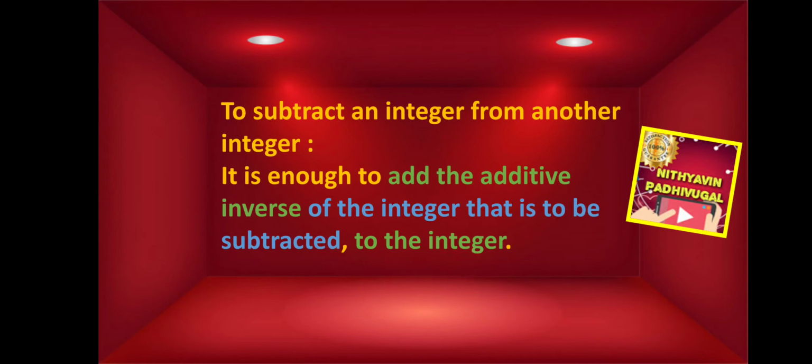Okay, you can understand this very well with an example. Before that, let us recall again. To subtract an integer from another integer, it is enough to add the additive inverse of the integer that is to be subtracted to the other integer.